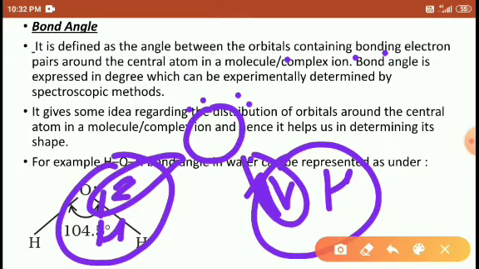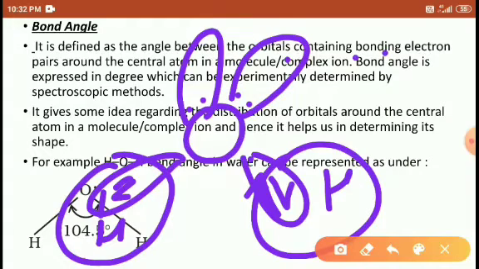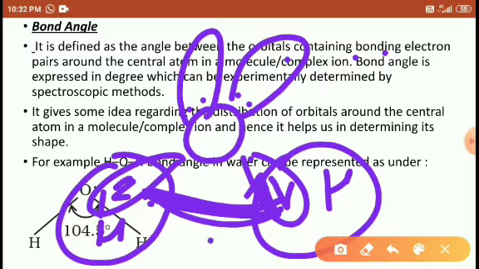Now this is one pair, this is the second pair. The distance between this orbital and this orbital is what we call the bond angle.